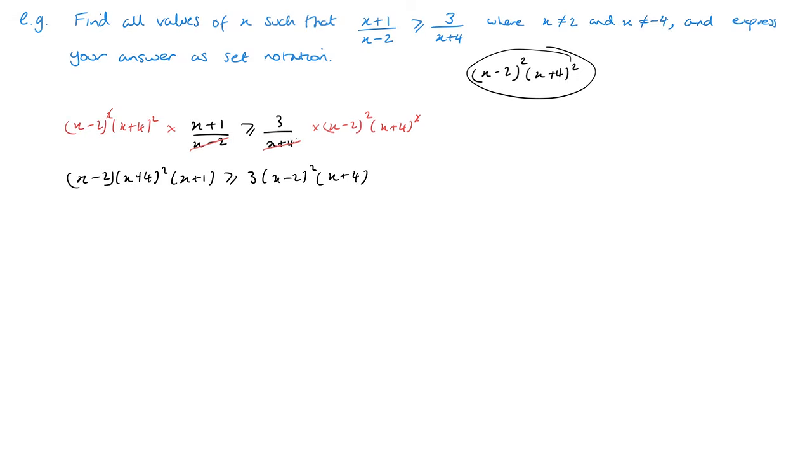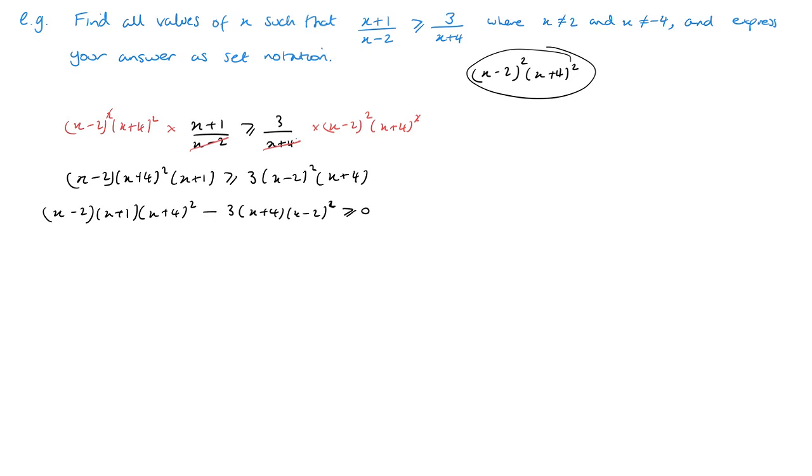I'll take everything to the left. So we've got x minus 2, x plus 1, and x plus 4 squared. I'm just putting the squared at the end there. And 3, x plus 4, x minus 2 squared. And that's greater than or equal to 0.